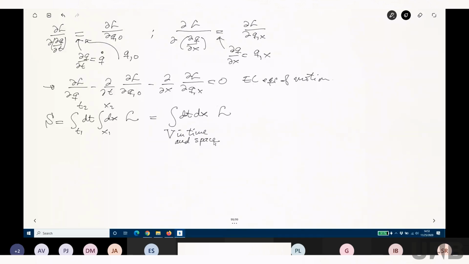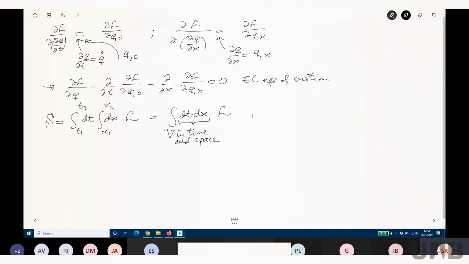Now, the point I want to make is that this formulation naturally incorporates the possibility to make the theory relativistically invariant. It's very natural that relativistic theories are expressed in this form, just because this object here is an invariant volume in Minkowski space, in the space of time and real space.